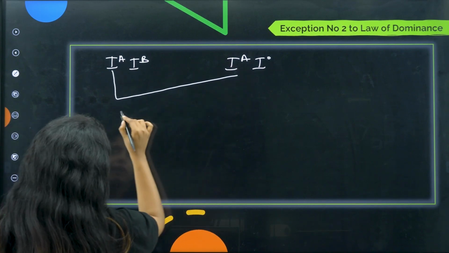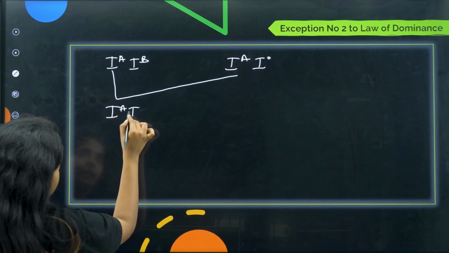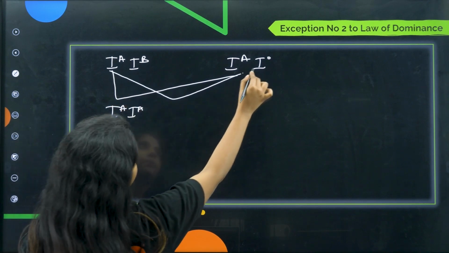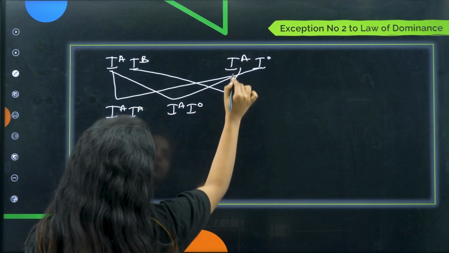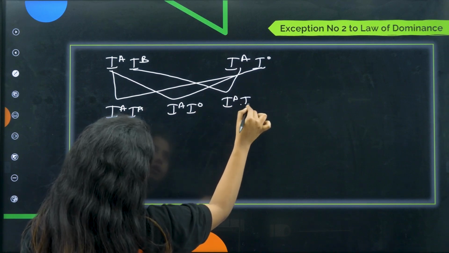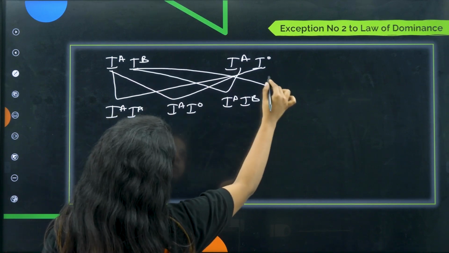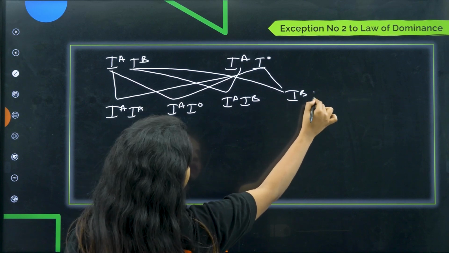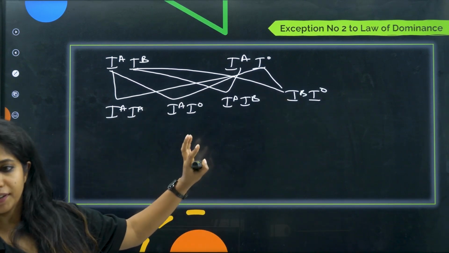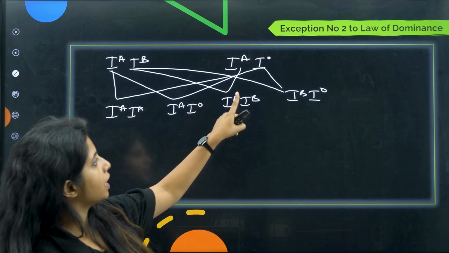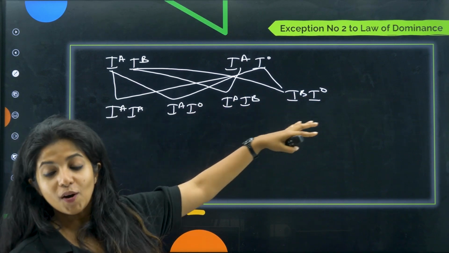So let's see. It can be IA IA, it can be IA IO, it can be IA IB, it can be IB IO. Genotypes, if you see, all of them are different. It's AA, it's AO, it's AB, it's BO. All of them are different.